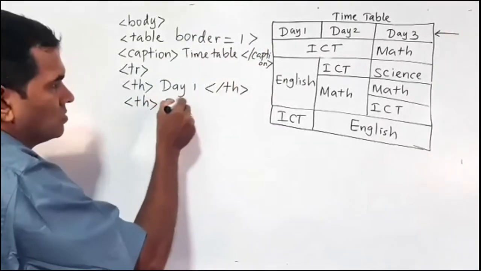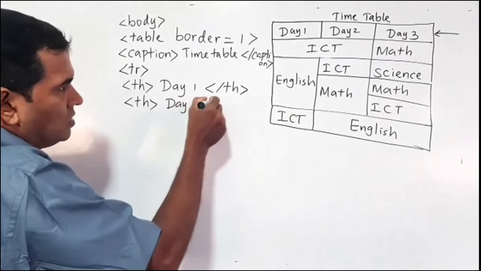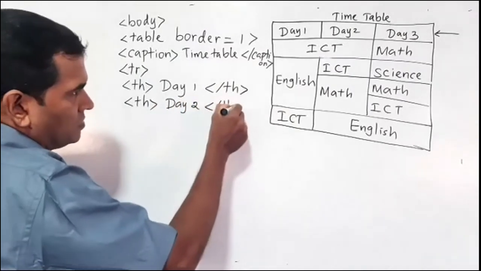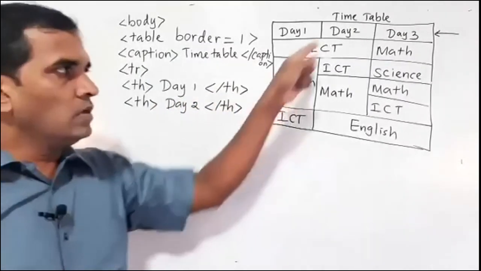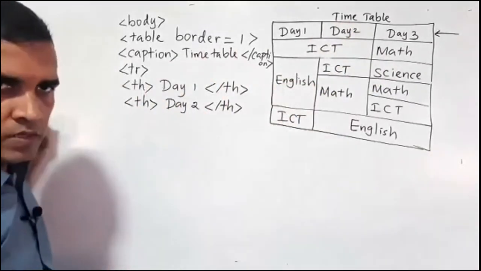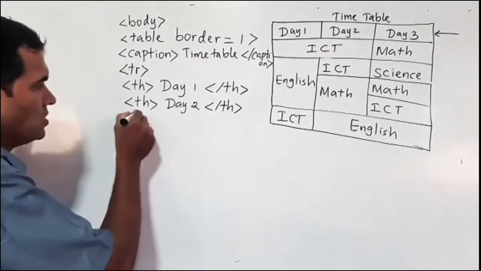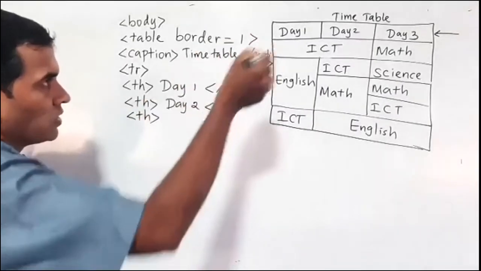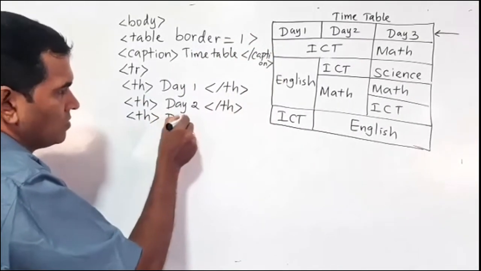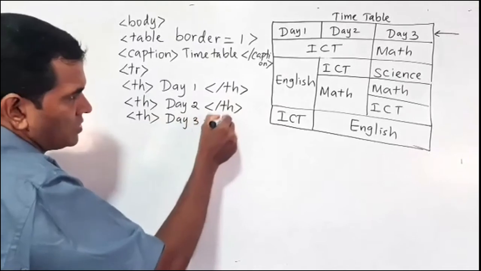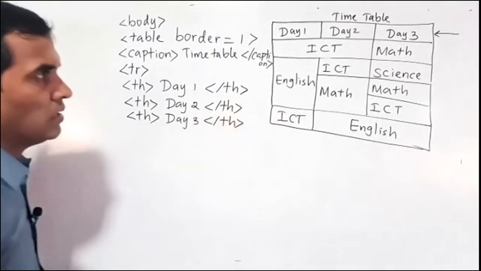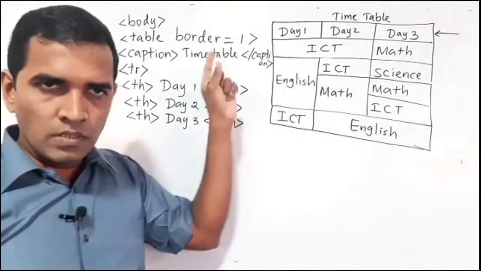And day 2, close the TH. Okay. There is one more cell in the same row. So again, there is a TH that is also heading. So day 3, close the TH. Right. Now the first row is over.